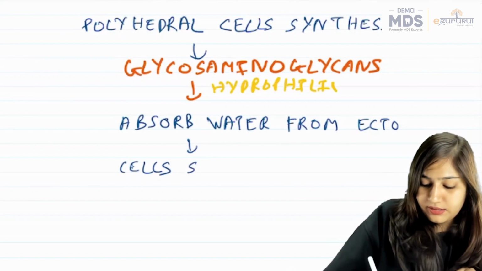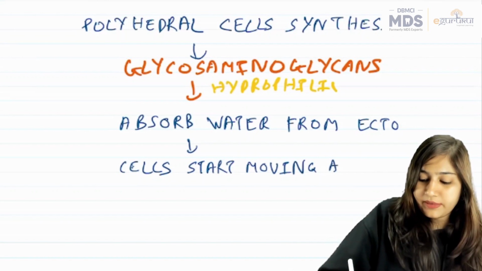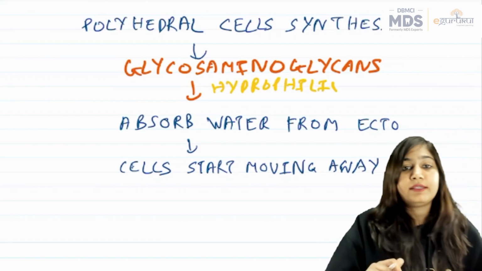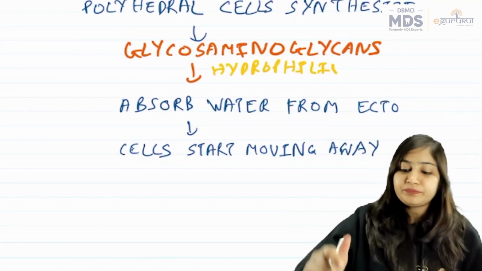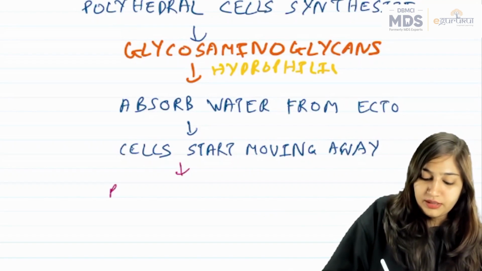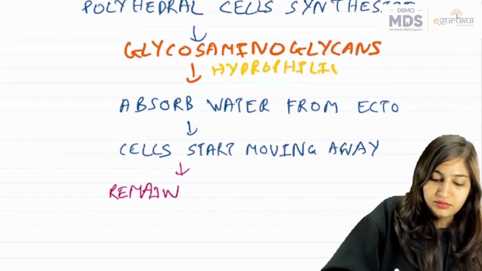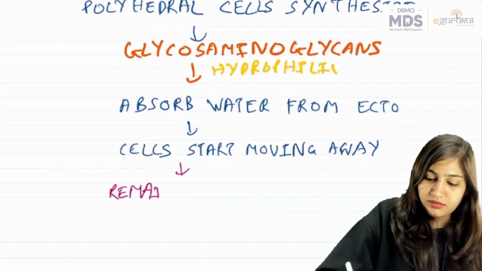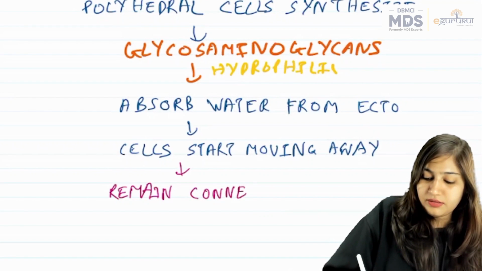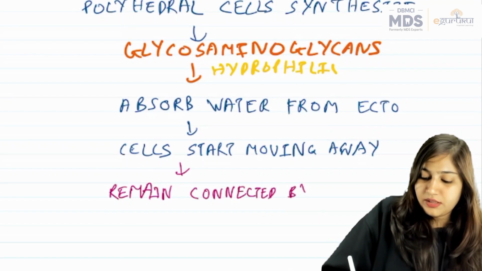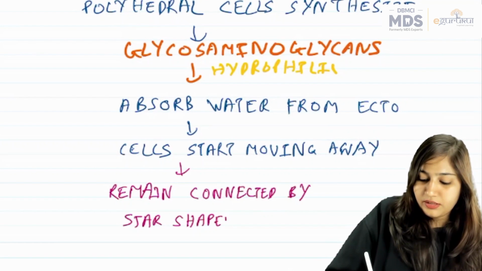They then try to remain connected by forming a star-shaped network.